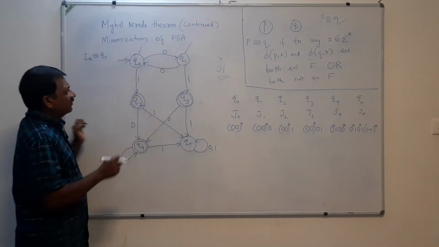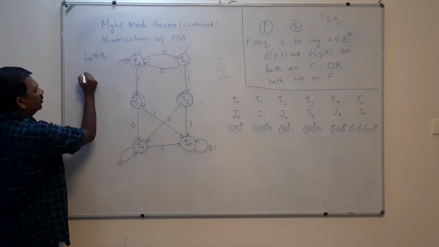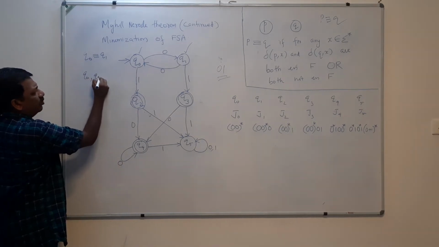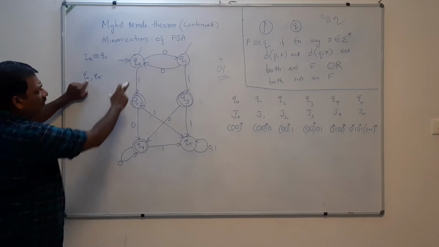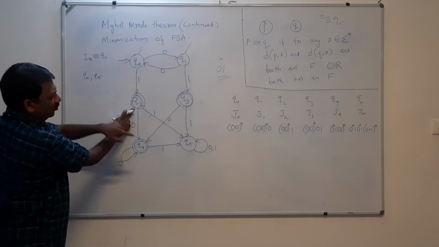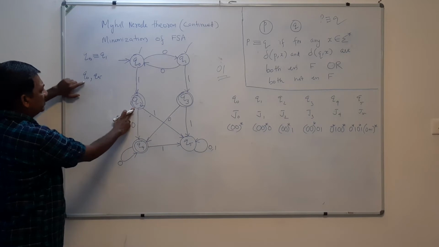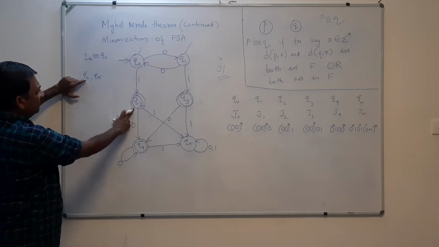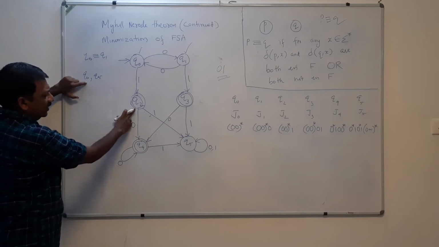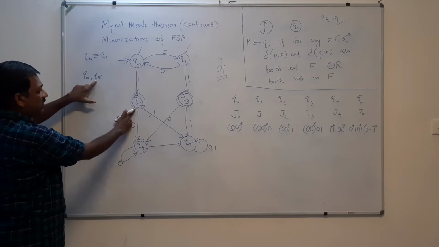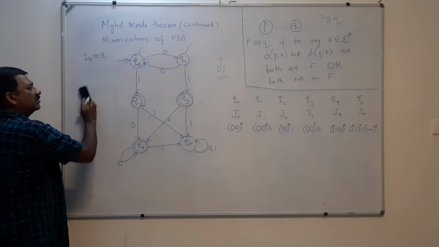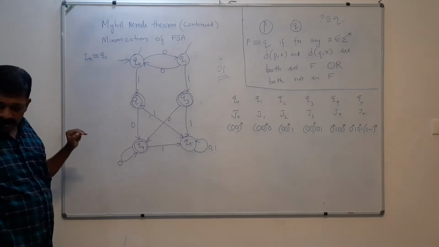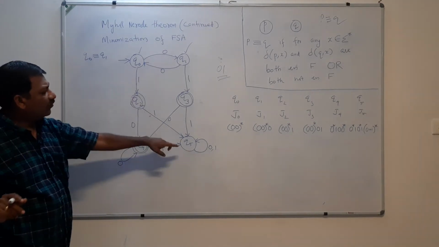Now I am going to check whether Q0 and Q5 are equivalent. Q0 and Q5 both are non-final states. If you apply 1, Q0 reaches Q2, and Q5 on 1 stays at Q5. That means on receiving 1, Q0 goes to a final state and Q5 goes to a non-final state, so those two are not equivalent. There is no need to test another string. Then I test whether Q1 and Q5 are equivalent.